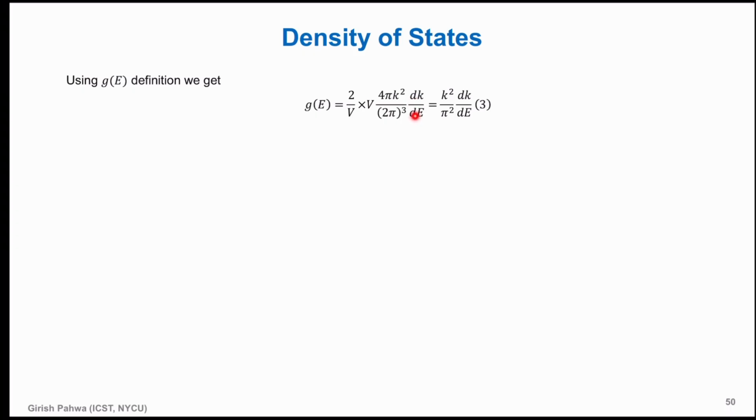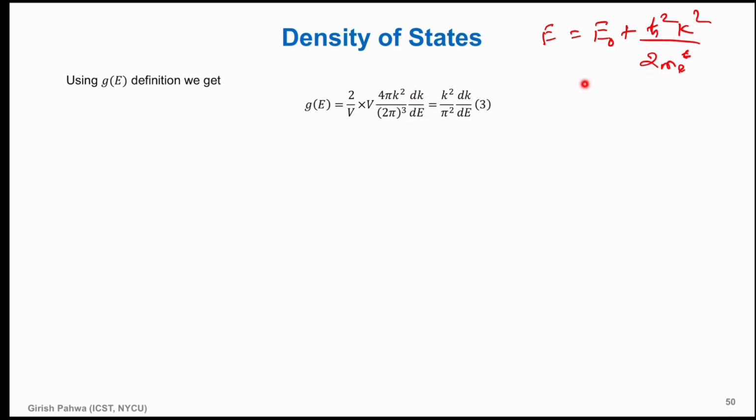Now E versus K relationship you already have. You have E is equal to some E naught plus h bar square K square divided by 2 m_e star. So from this you can calculate dk by dE, and you can plug that dk by dE here. And again this K square is also related to the energy.